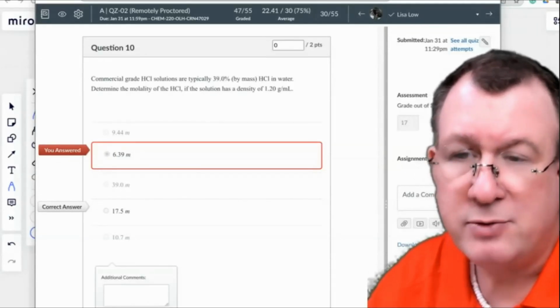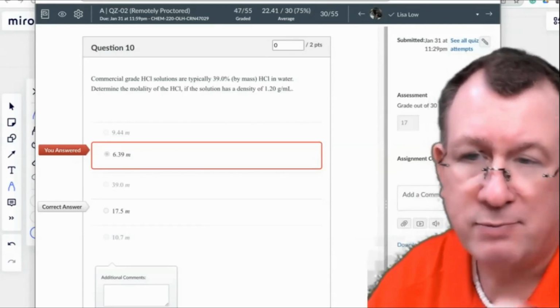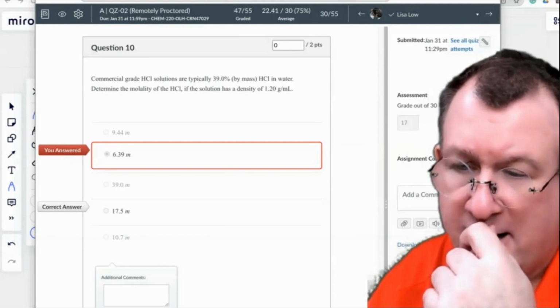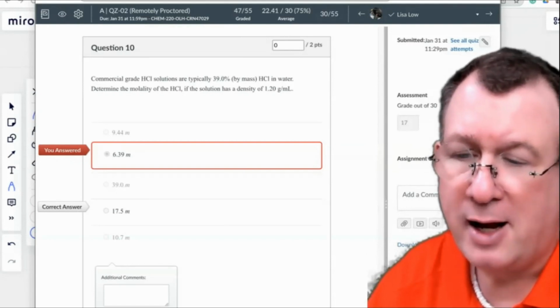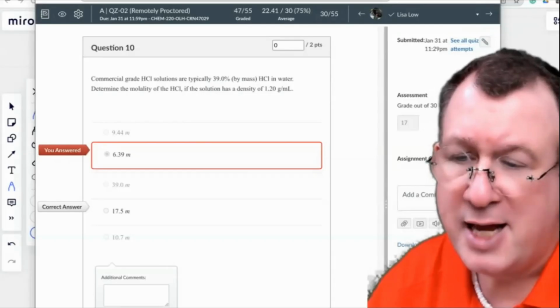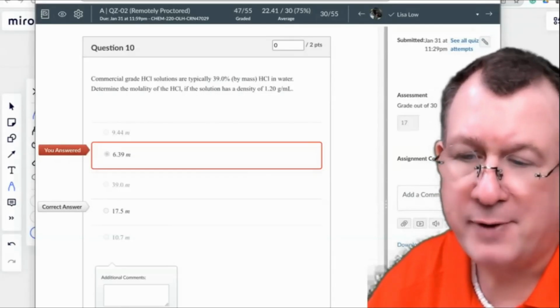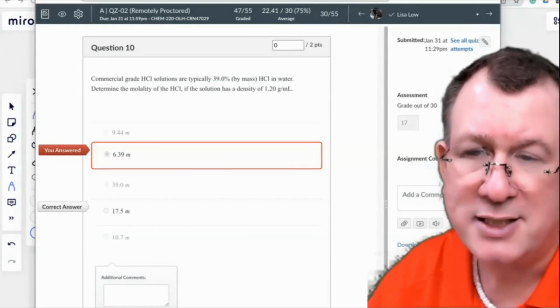But in general, here are the important things to remember. Molality is moles of solute per kilograms of solvent. The mass percent is just literally what it sounds like. And when you're looking at these things, if all of the properties are intensive properties, like density and mass percent, any concentration is an intensive property.